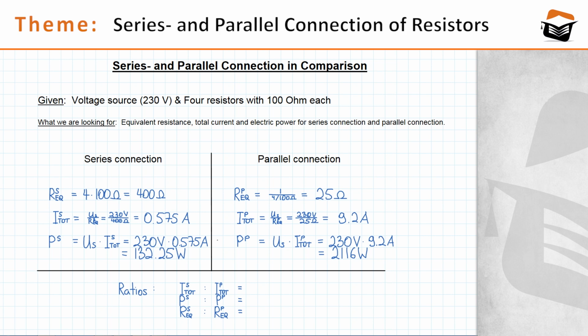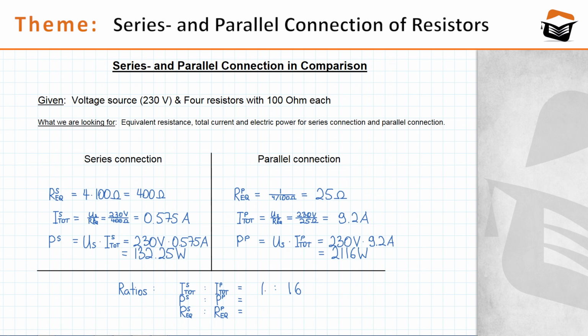of each variable for a series connection and a parallel connection, we will notice that, for example, the ratio of the total current in a series connection and in the parallel connection is equivalent to 1/16. That means that the total current is 16 times as intense in the parallel connection as in the series connection.